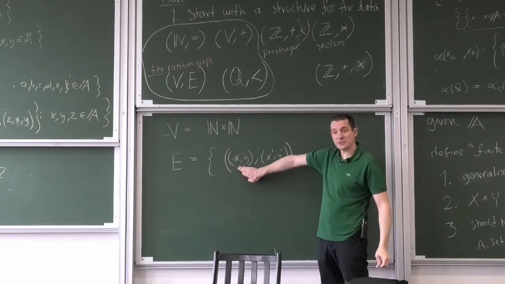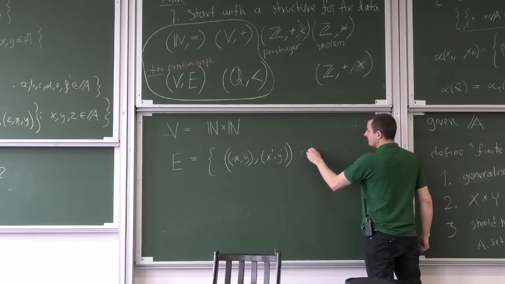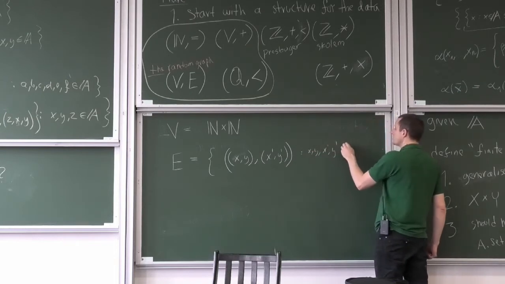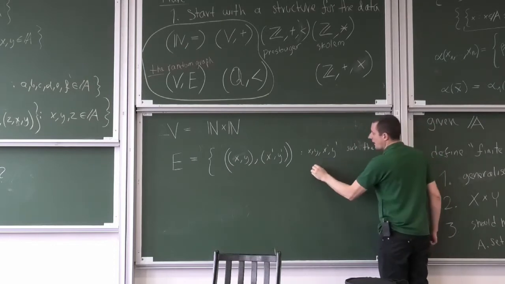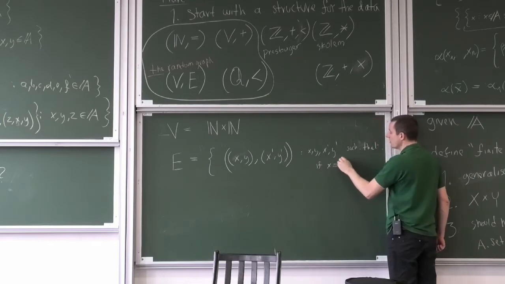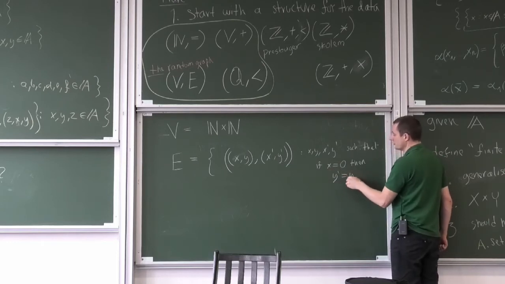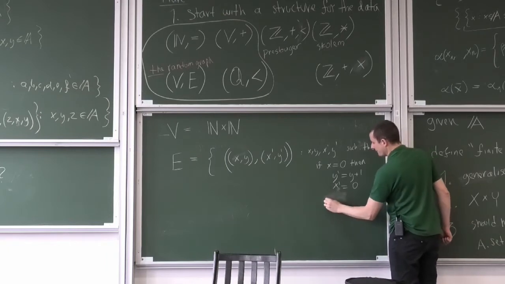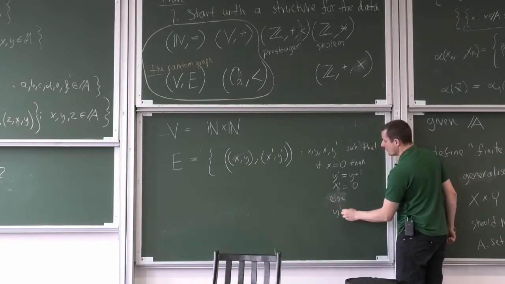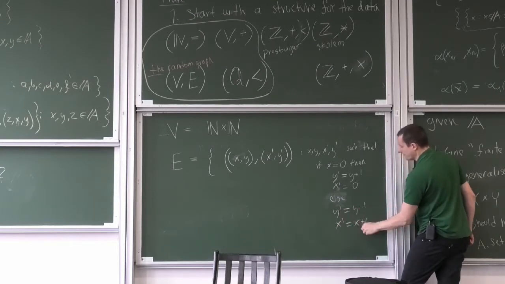So there's a directed edge from this pair of natural numbers to this pair of natural numbers such that if x is equal to 0, then y prime is equal to y plus 1 and x prime is equal to 0, else y prime is equal to y minus 1, x prime is equal to x plus 1. Something like this.